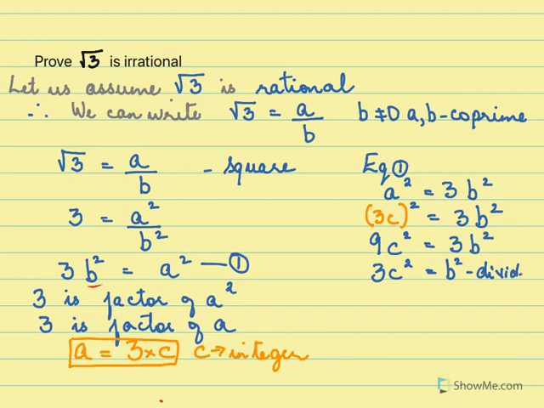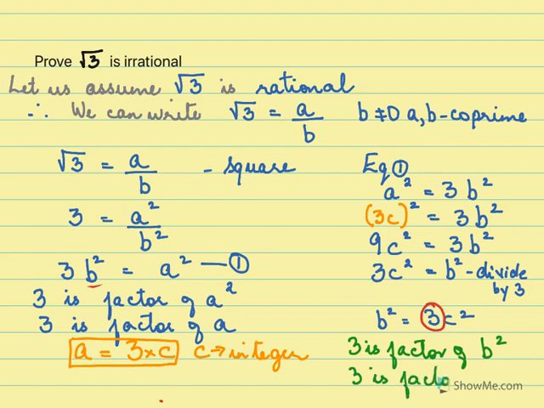Now look at this expression, b square equal to 3c square, which means b square has the factor 3. So I can write now that 3 is a factor of b square and 3 is also a factor of b.